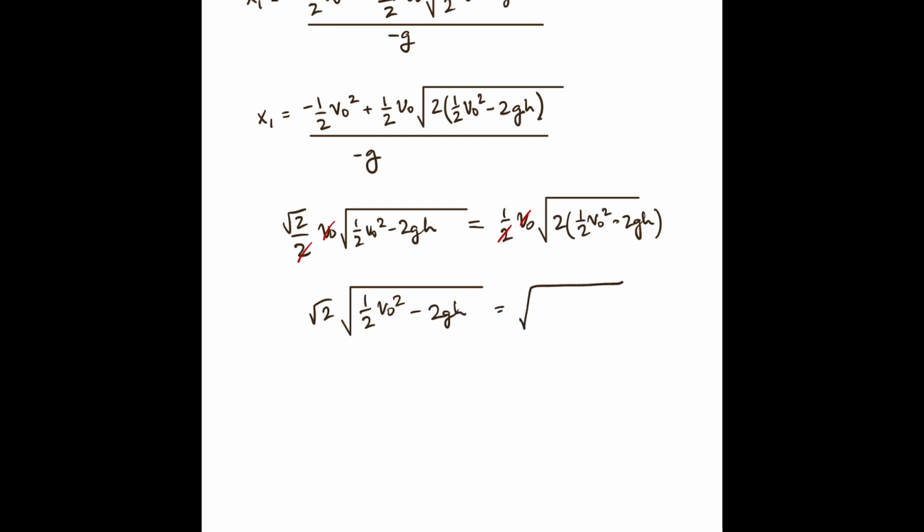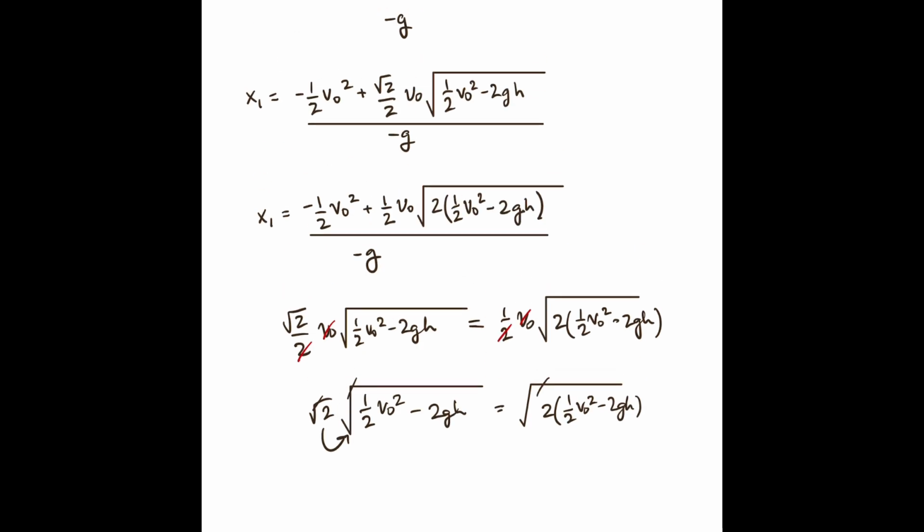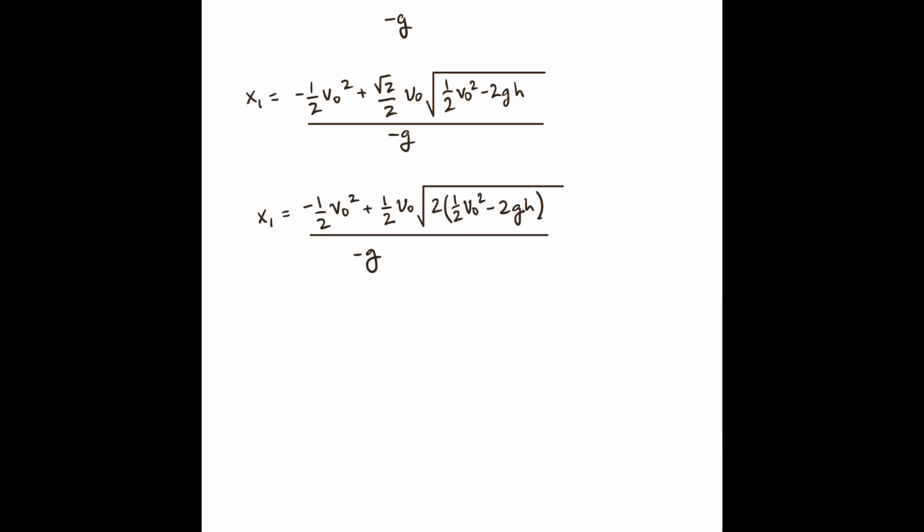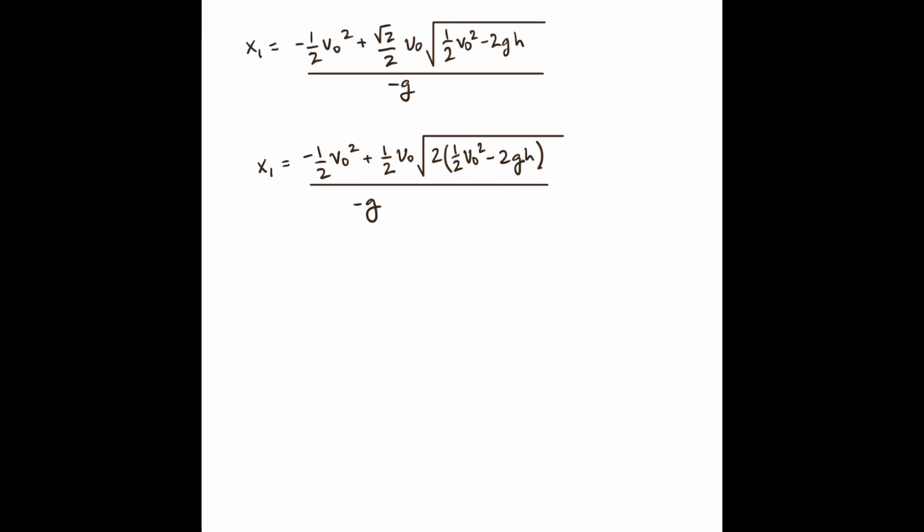We're left with square root of 2 times the square root term. So really all we did is just combine the square roots. Because you can just move this 2 inside the square root. If we square root both sides, then everything goes away, and you're left with the exact same thing. Just wanted to justify that.